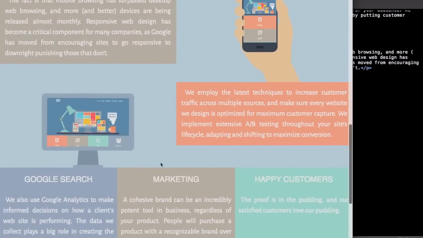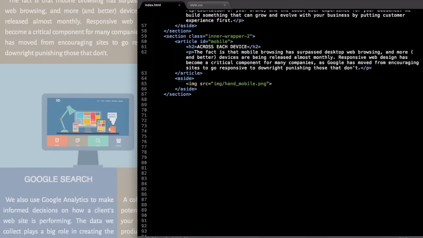Okay, so let's go back up here and we're going to do our last wrapper for this last 2-column section here with sort of the main section of the website, and we're going to have the desktop image with the text to the right. So go ahead and drop down beneath that last inner wrapper section we created, and we're going to create a third section inner wrapper.